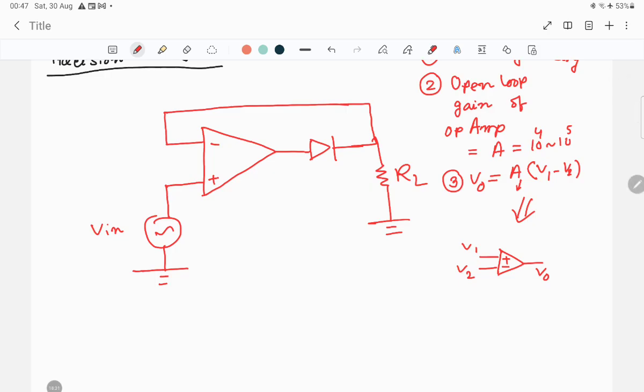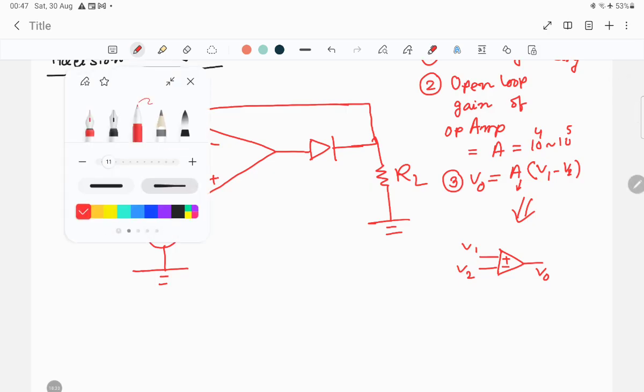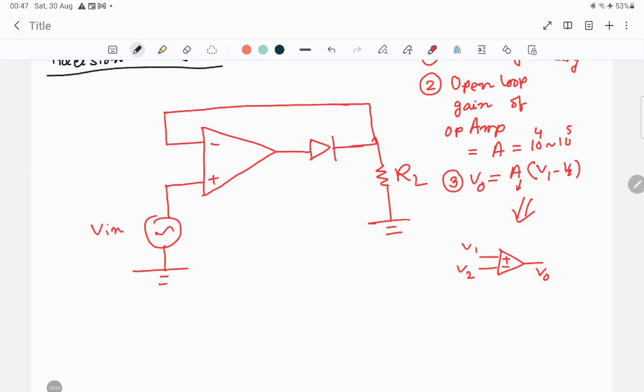First of all, just a very small idea, that is the concept of the super diode. Super diode is nothing but an op-amp plus diode configuration. Why is it called the super diode?